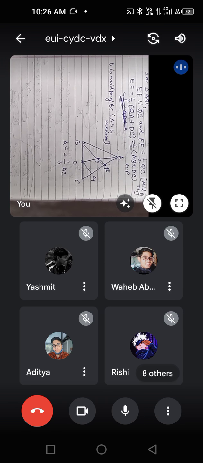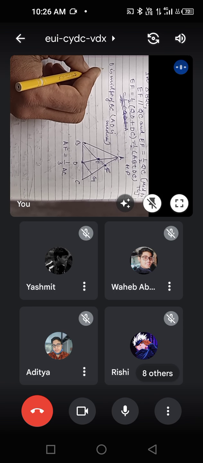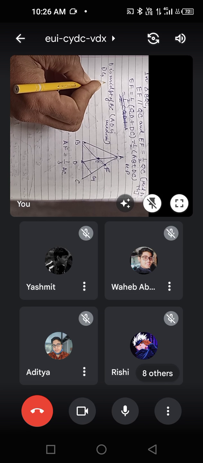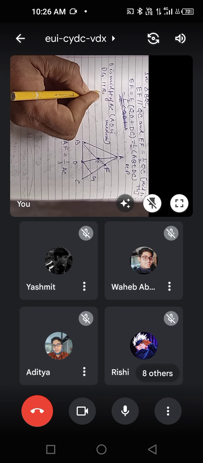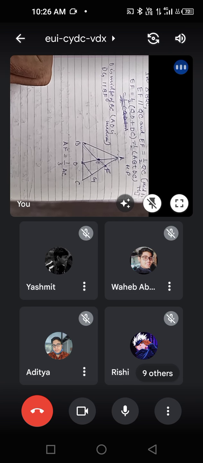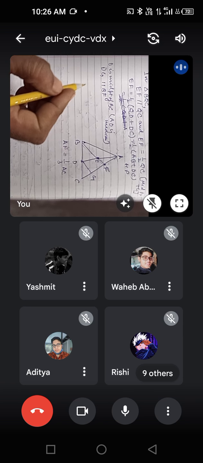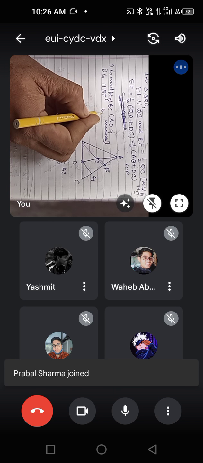Second thing, you see, DG is parallel to BF, by construction. You have drawn this as a construction part.